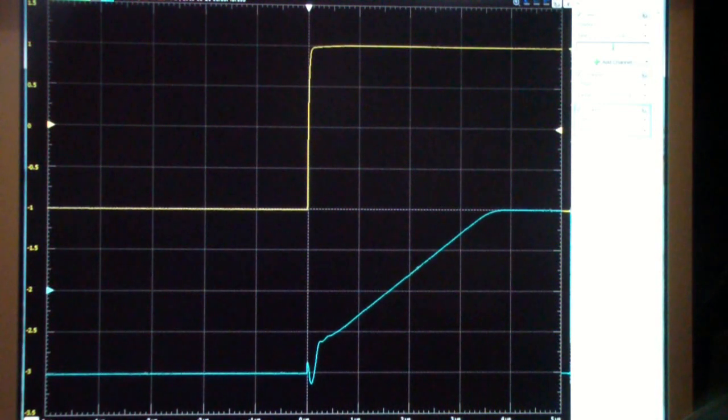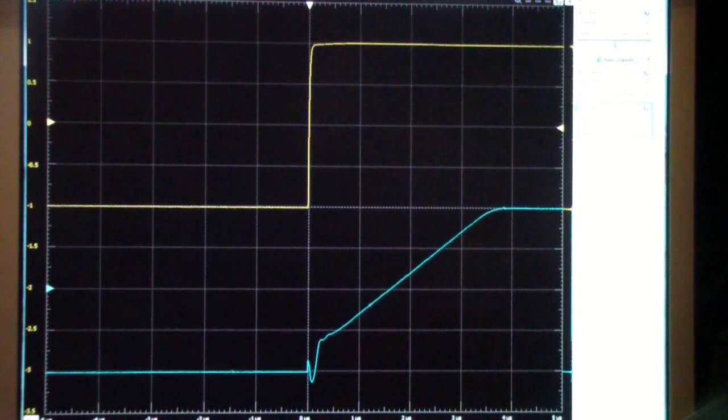Now I can explain why I use the old 741, and I'll show you the breadboard here in a second. The reason is the older op-amps, like the 741 that I'm using, which was actually produced in the 1970s, had much slower slew rate.